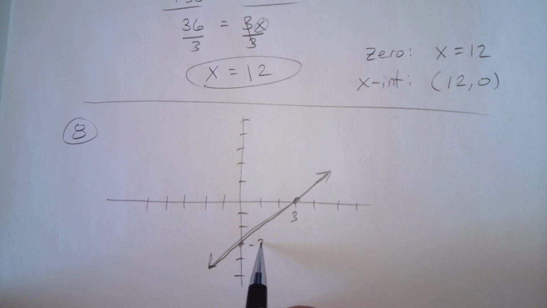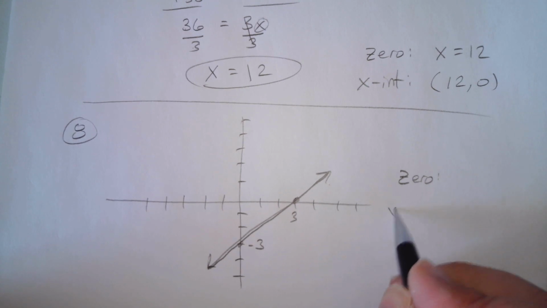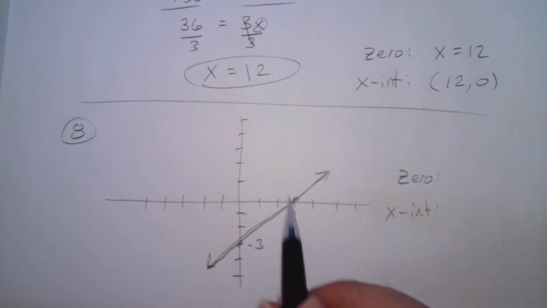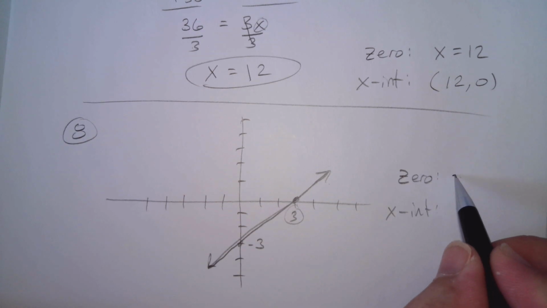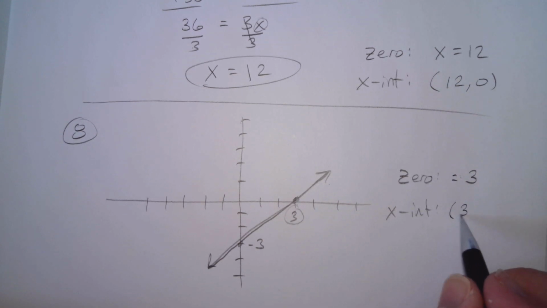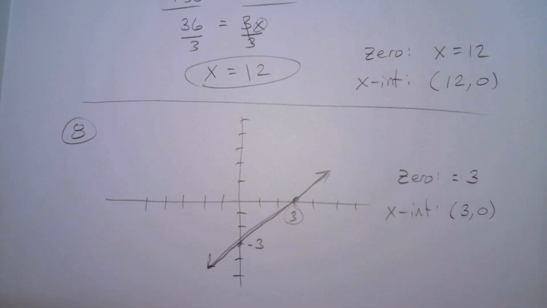So what's the 0 and what's the x-intercept? There's 0. 0 is at 3. The x-intercept is at that point, where the y value is 0 and x is 3.